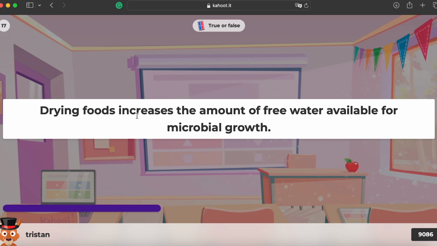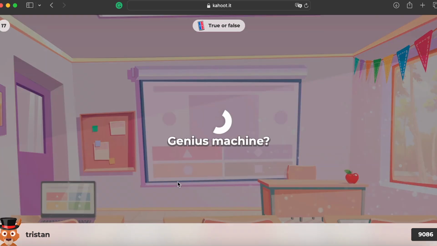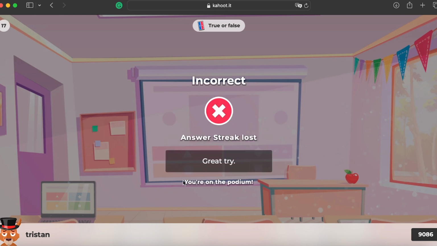Drying foods increases the amount of free water available for microbial growth. Hmm. Let's take true. No. What is free water in this sentence? I don't know.